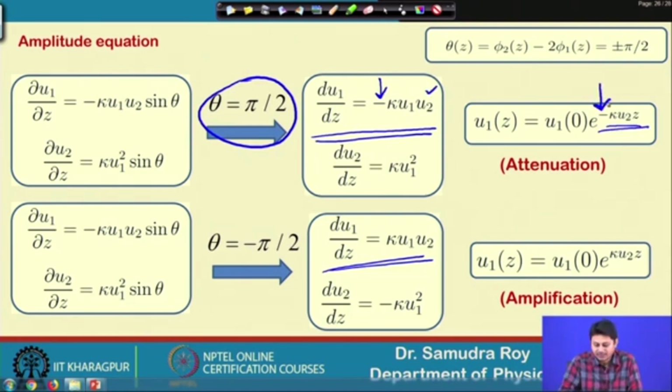This negative sign suggests that u 1 is going to attenuate. So, that means this phase, which is related to phi 2 and phi 1, is very important to excite or attenuate a particular field. In this case, we are dealing with the subharmonic field u 1, and we find that u 1 can be attenuated or amplified.